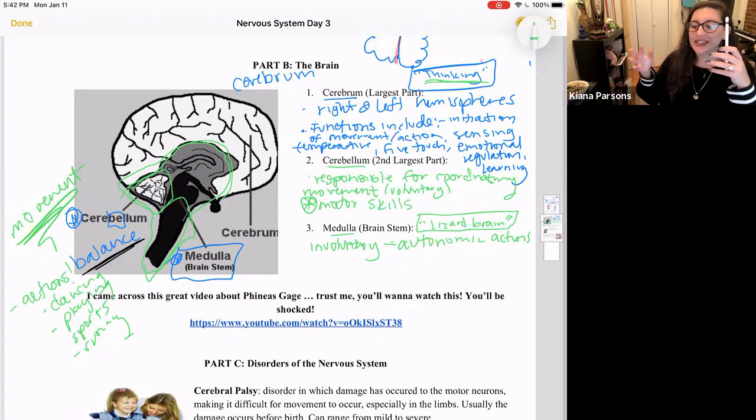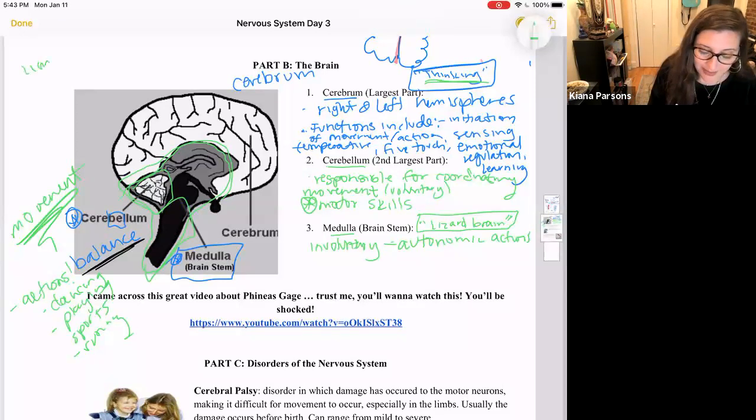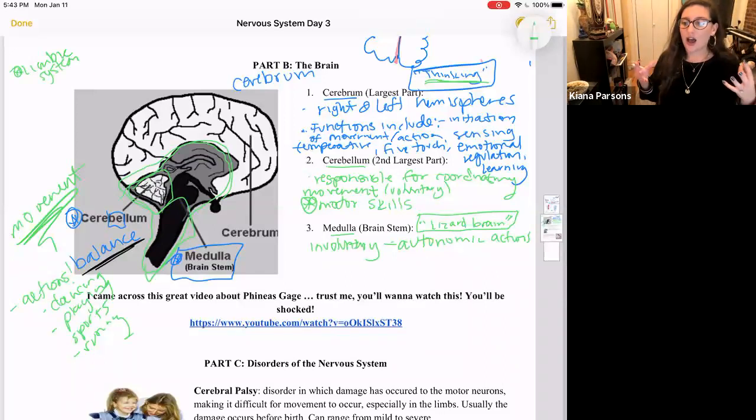The term instinct is debatable, but you can think of some of the things that the medulla does as on instinct, right? Extreme anger, extreme fear can come from the medulla, but there are also other glands and parts of the brain, the limbic system, that are more involved in those specific fear, anger, instinct responses.